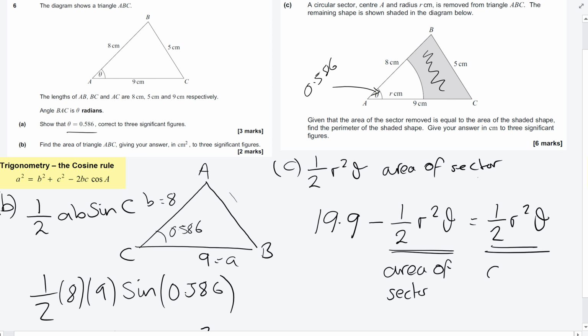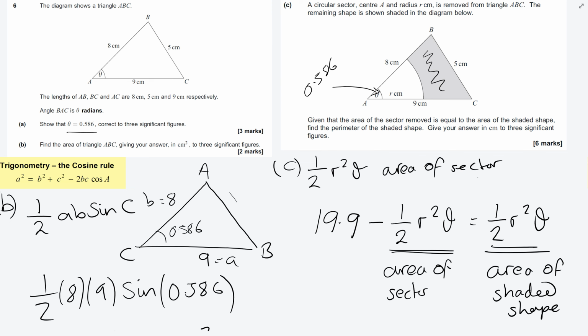This, if you like, is the area of the shaded shape that we're trying to find out. But we've been told that they are the same. So we can effectively say, they're the same thing, they're the same formula.